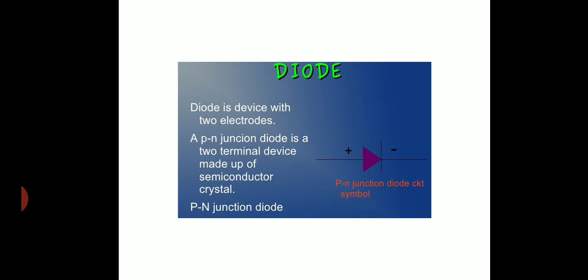Diode. So diode is a device having two electrodes. It's a two-terminal device made up of semiconductor crystal. It's also called as PN junction diode.